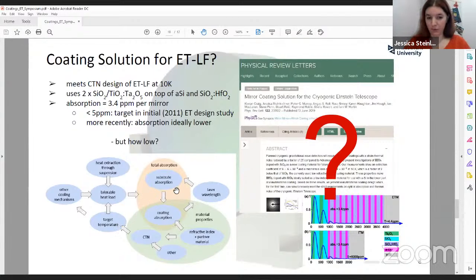So it depends on how much substrate absorption we have, because it's about the whole total heat load. It goes in what laser wavelength we have, as it changes the absorption of coating and substrate. Very interesting is, of course, the heat extraction capability through the suspensions, but also the target temperature and just many other things. So defining actually a number for the coating absorption is not very easy and comes from many, many different sites within the detector configuration.